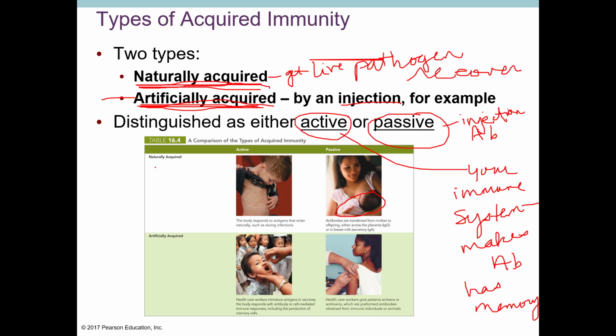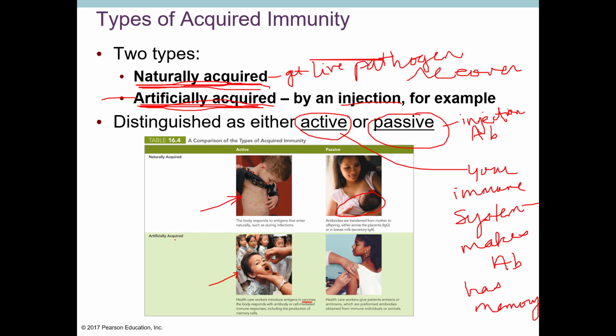All right, so naturally acquired, you actually get the disease, you actively have it, you have memory. That'll be a very strong immune response, assuming that you survive, depending on what the disease is. Artificially acquired but active would be a vaccination. Passive but natural would be like antibodies in breast milk for the baby.